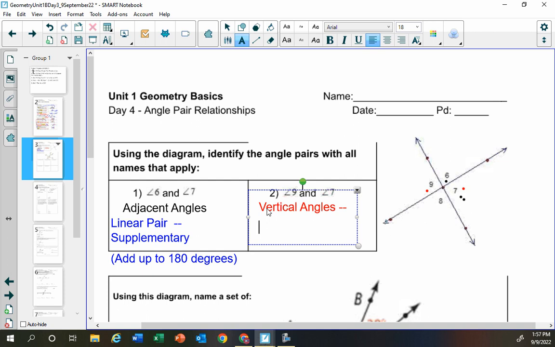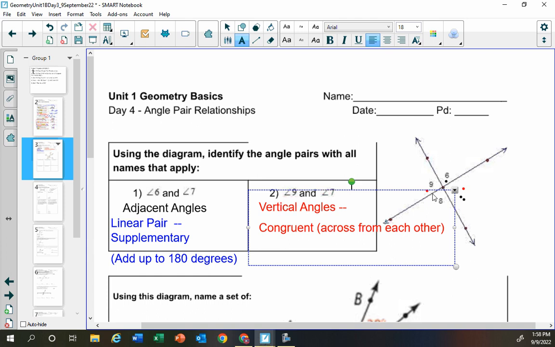Begins with a C. Not all the time. Congruent. They're right across from each other. If they're right across from each other, they're congruent.